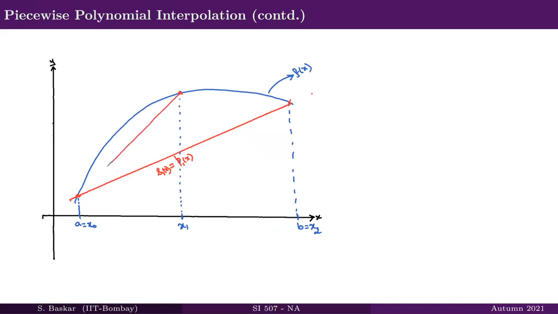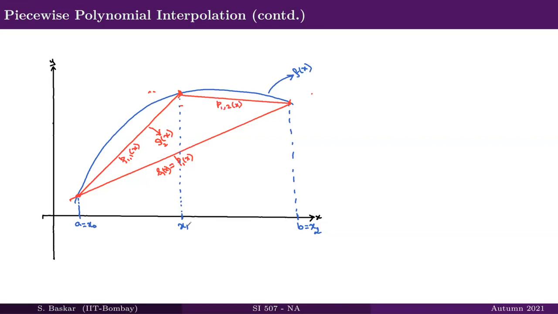Let us draw the graph of this piecewise linear polynomial s2, whose graph is given like this, which is obtained by patching p1^1(x), which is a linear polynomial interpolation in the interval x0 to x1, and p1^2(x), which is the linear polynomial interpolation for f(x) in the interval x1 to x2.